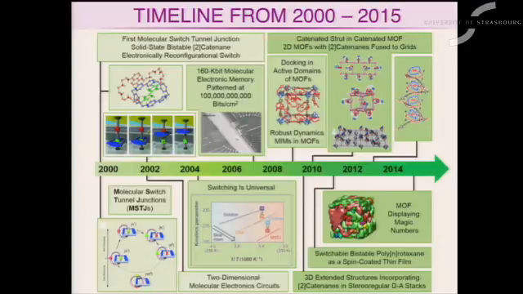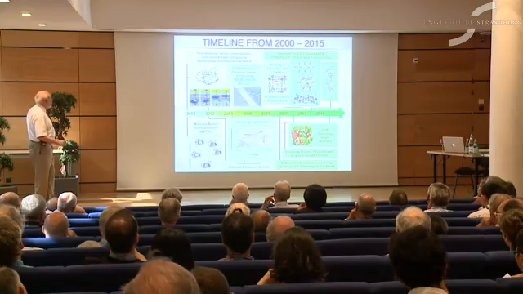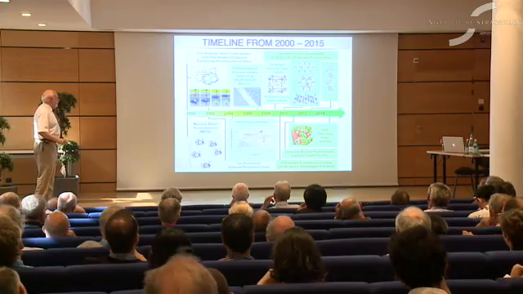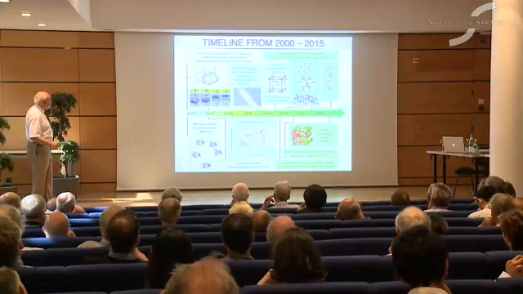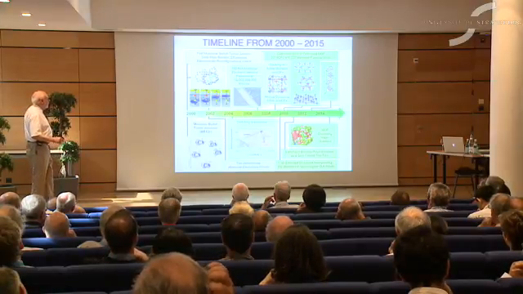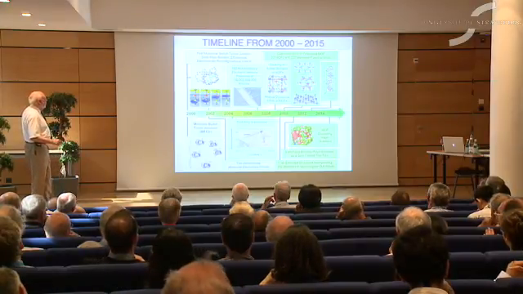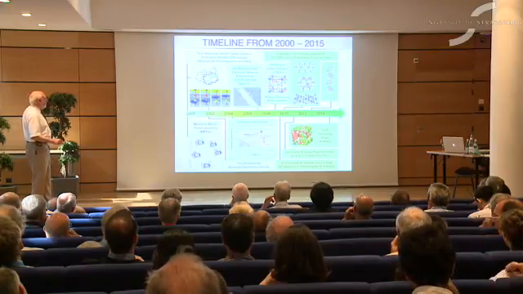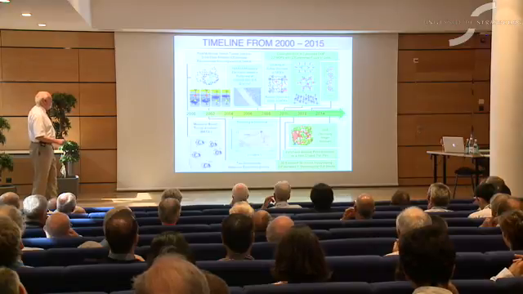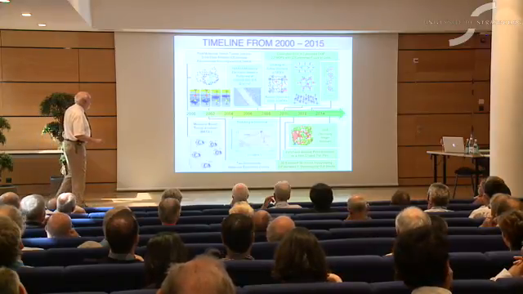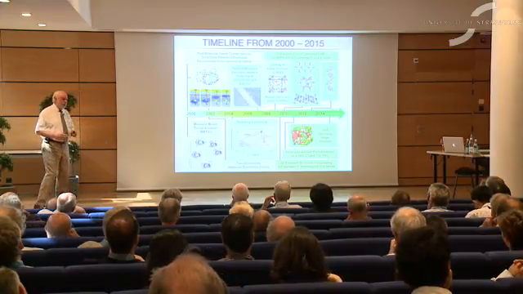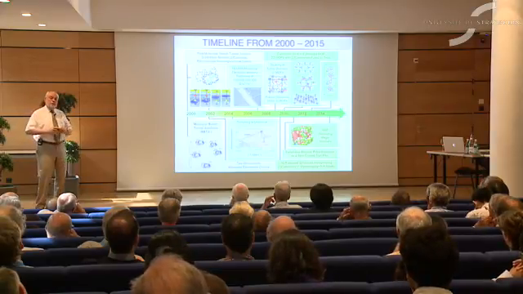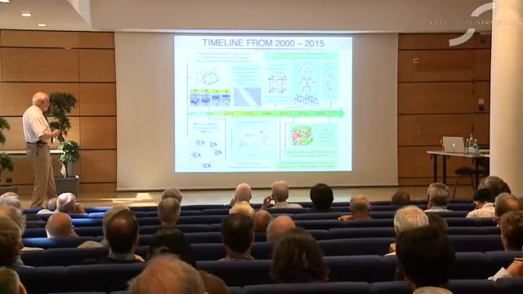In time, we switched from catenanes to bistable rotaxanes, and by 2007, we got to a 160 kilobit random access molecular electronic memory patterned at a very, very small level. It's less than the cross-section of a white blood cell.